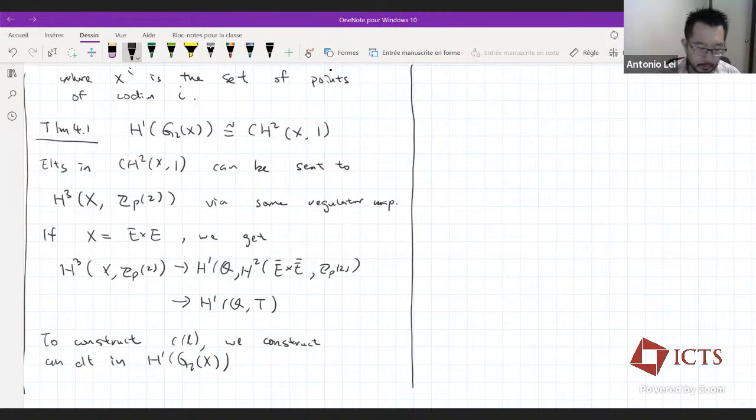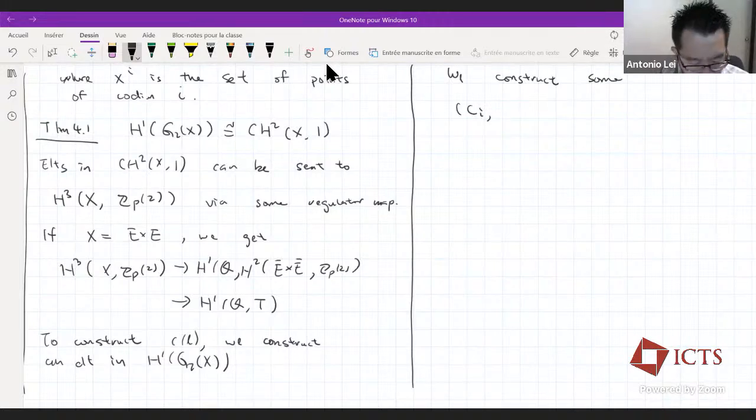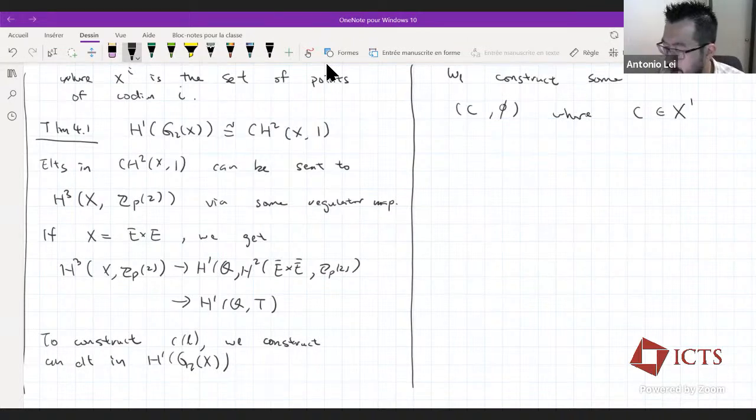By the description of my complex, it is enough, well, maybe I'll just say, we construct some c and phi, sorry, not L, c and phi, where C will be in X1 and phi is an element in k(C)^×.